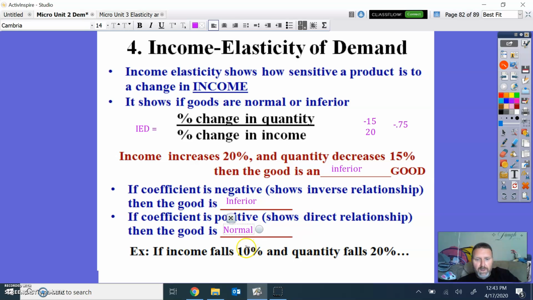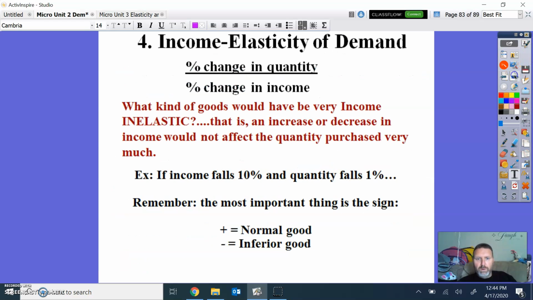So for instance, down here, if income falls by 10, and quantity falls by 20, then negative over negative becomes a positive. 10 over 20 tells us, what is it? It's 0.5. So it's telling us those issues going forward.